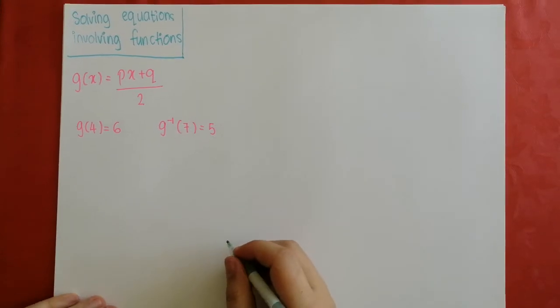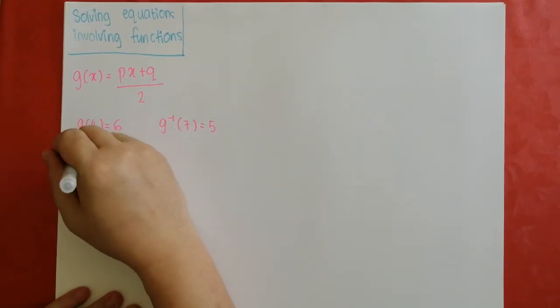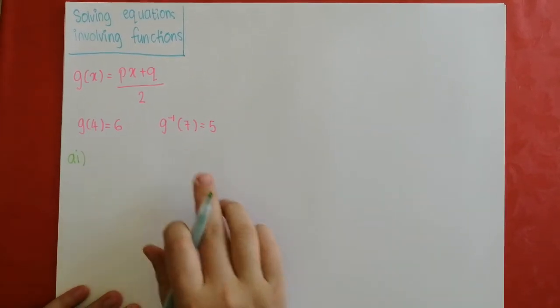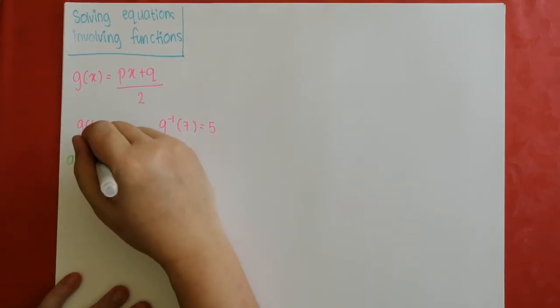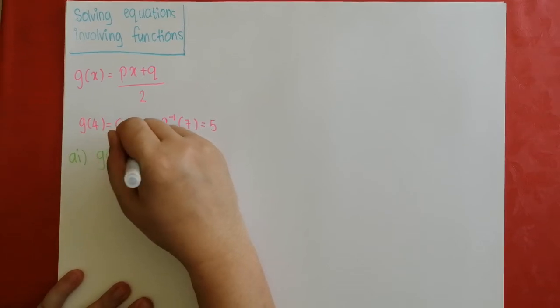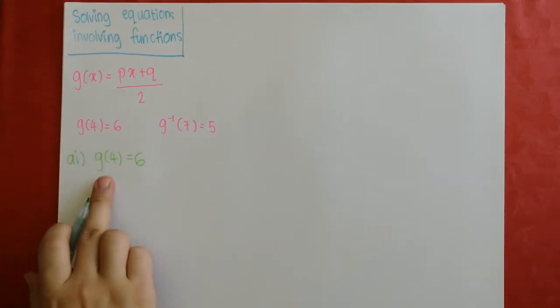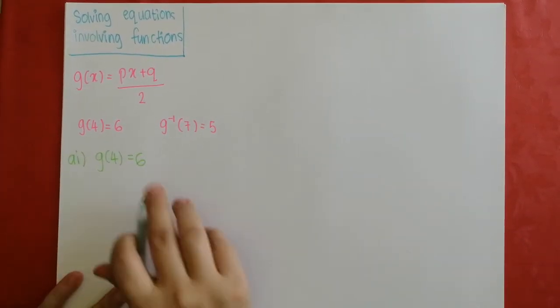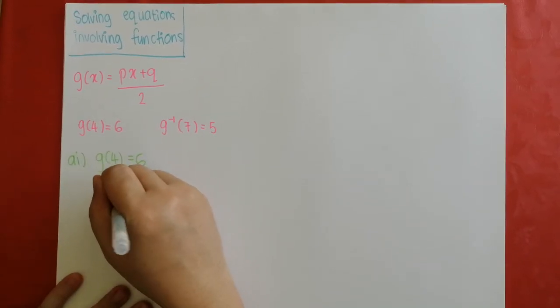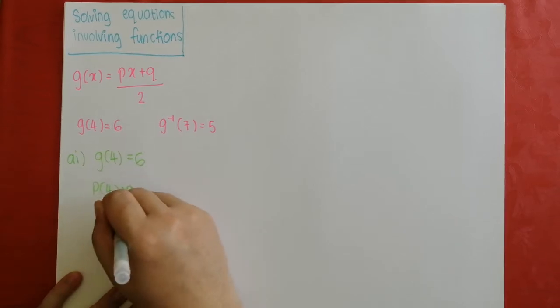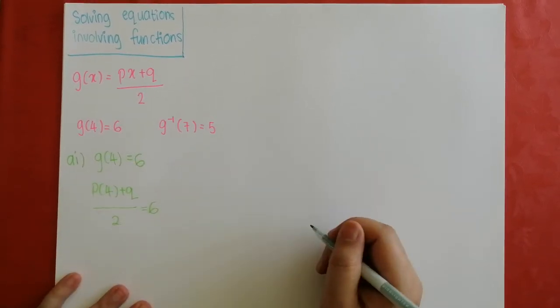In order to find p and q, what we need to do is use these two pieces of information given. So let's start with the first one. g of 4 equals 6. That means your x is equal to 4. So from (px plus q) over 2, it now becomes (p times 4 plus q) over 2 equals 6.